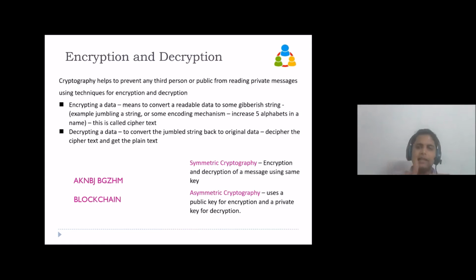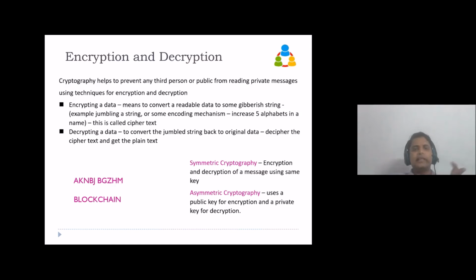Okay. Here in this case, the key is to increase the letters by one. That is the key. I say that I am sending you a string, you increase alphabets by one. That is a key. So the other person knows that he has to decrease by one. That is a kind of symmetric cryptography.